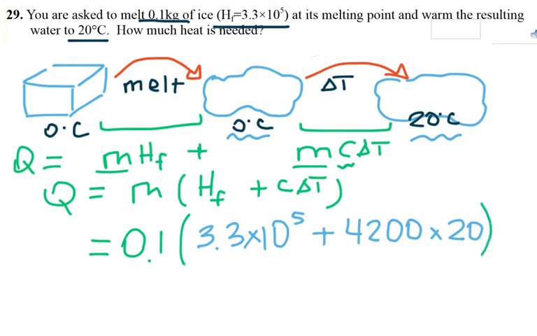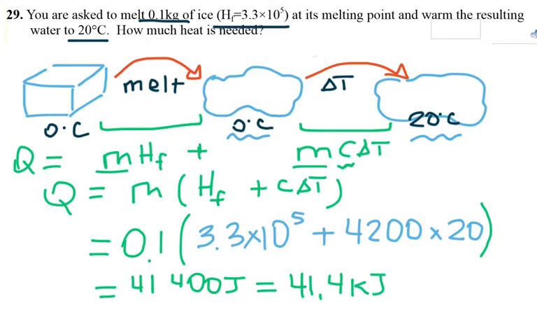If I multiply these numbers, I get 41,400 joules, or 41.4 kilojoules, as in the PDF for the lessons. That's how much heat you need to turn 0 degrees Celsius ice, at the melting point, into 20 degrees water.